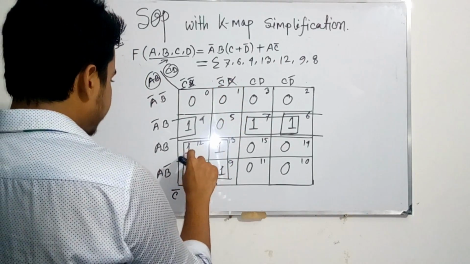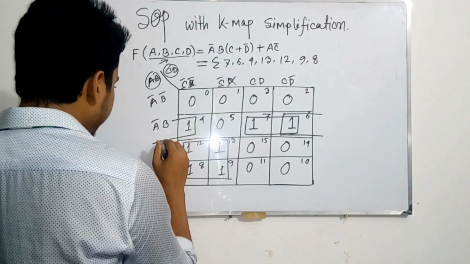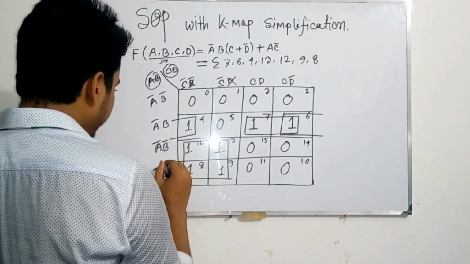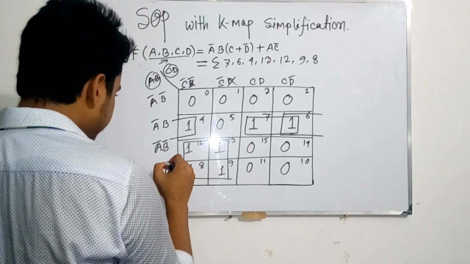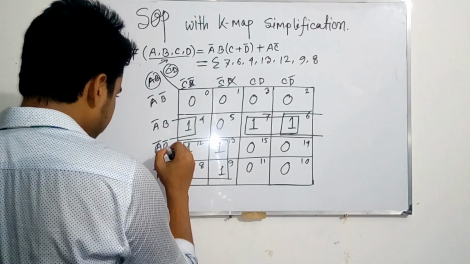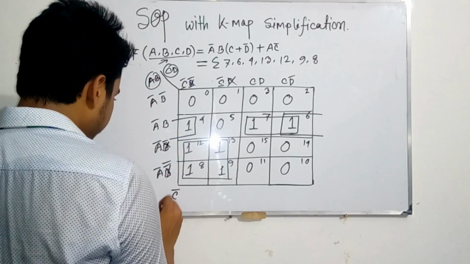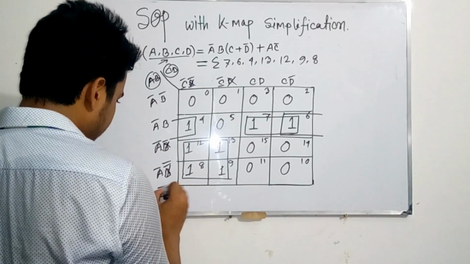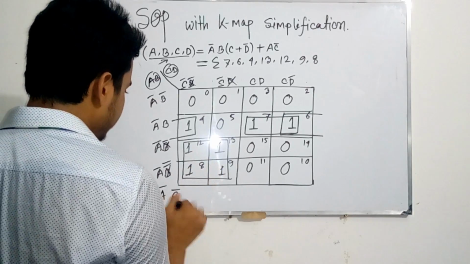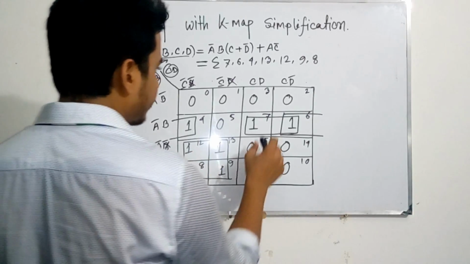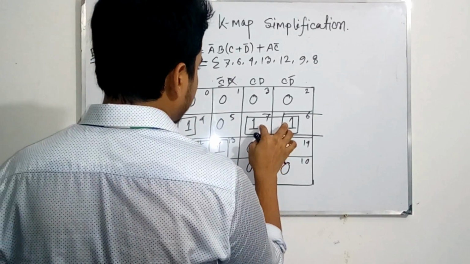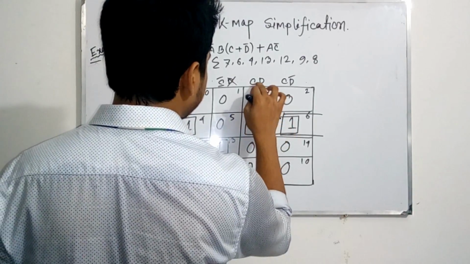From these two rows, here A B, A B naught, B is changed, so we cannot pick up B; we just pick up A bar. So for this box we get this equation.